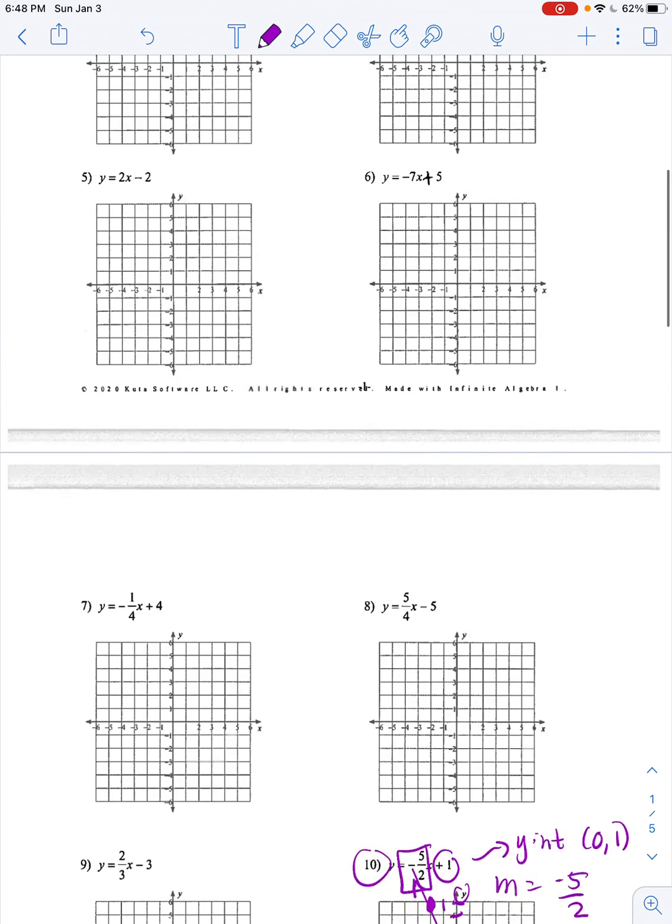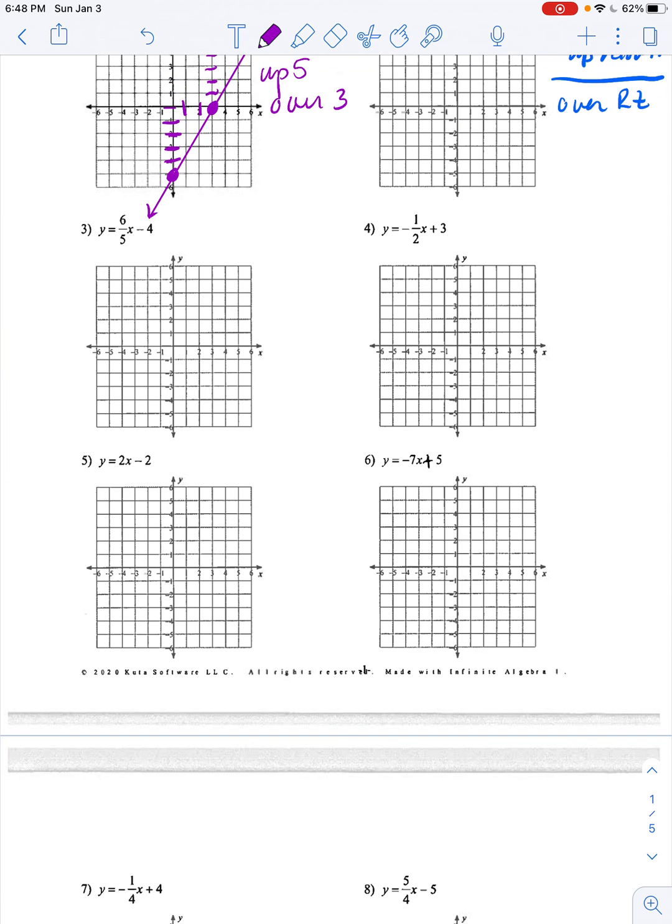Oh, by the way, if it's a whole number like in number 5, here we go. -2 is going to be where my y-intercept is. So (0, -2) is going to be my first start point. And then my slope is a 2 because it's whatever's in front of the x. Keeping in mind that that means it's over 1.